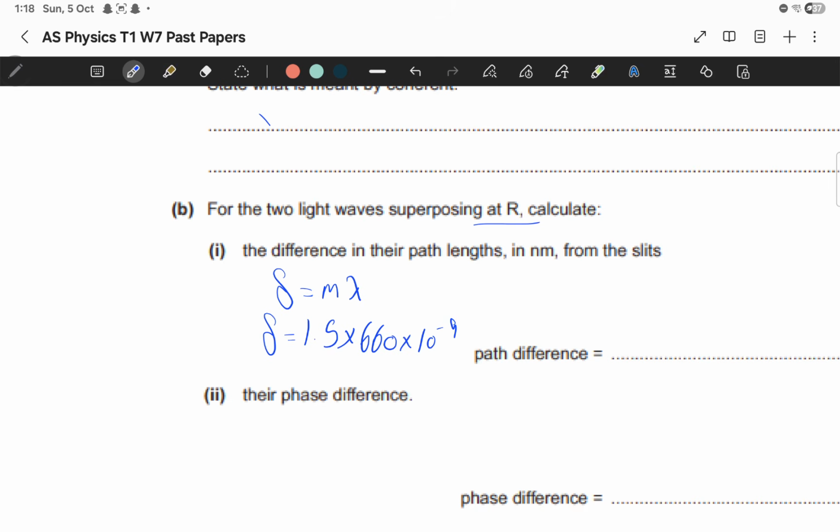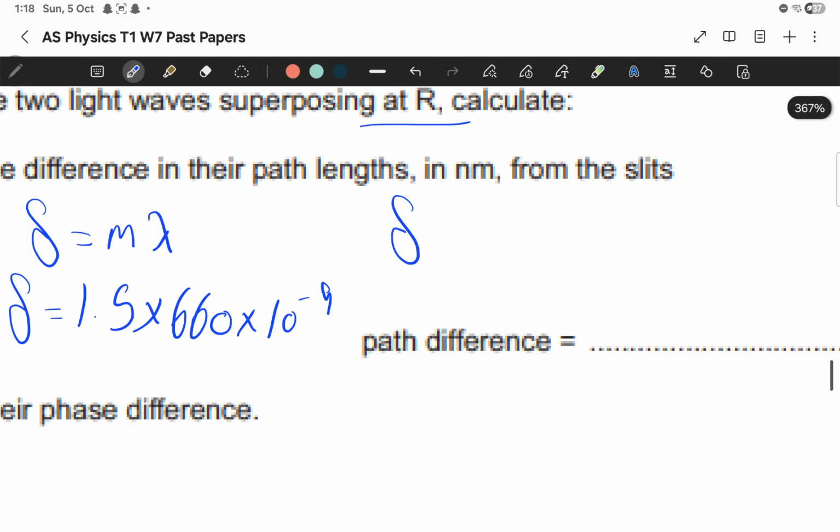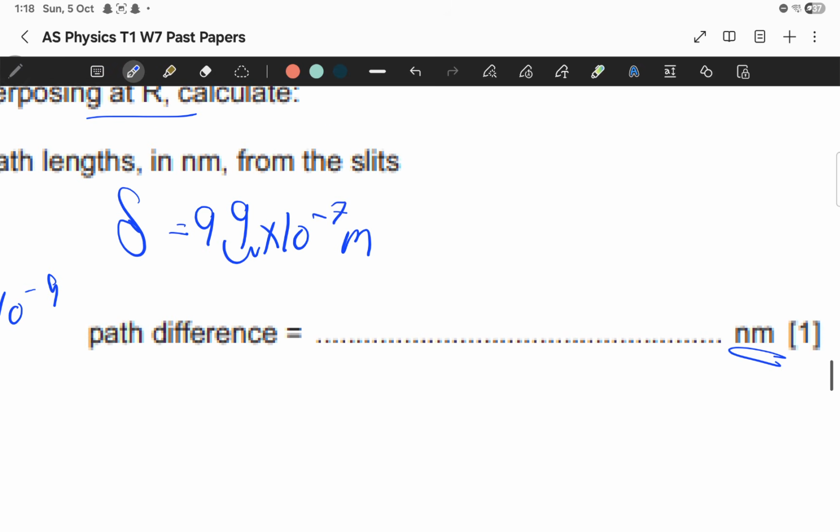This equals 1.5 times 660 times 10 to the power of negative 9, which is 9.9 times 10 to the power of negative 7 meters. They want it in nanometers, so you shift the decimal point twice. So it's going to be 990 nanometers.